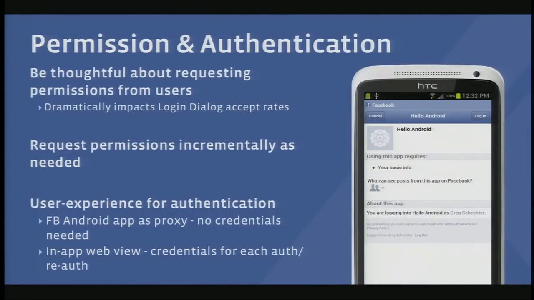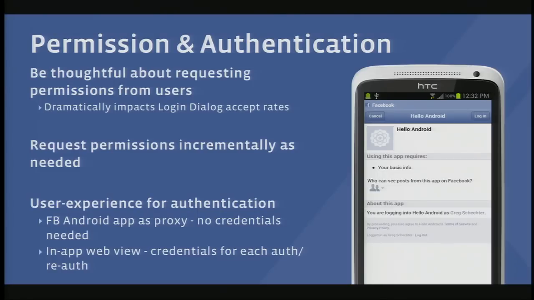So, permission authentication. This can be a subtle topic. It's really important that when you request information and permissions from your users to integrate with Facebook, you do so very thoughtfully. In particular, you don't want to ask for all the permissions you can possibly get and ever want to use from your users, because they'll just say no, and you won't get any of the permissions you're looking for.